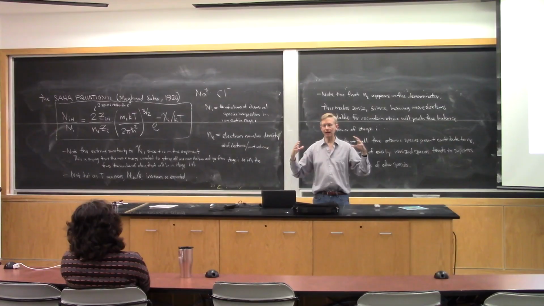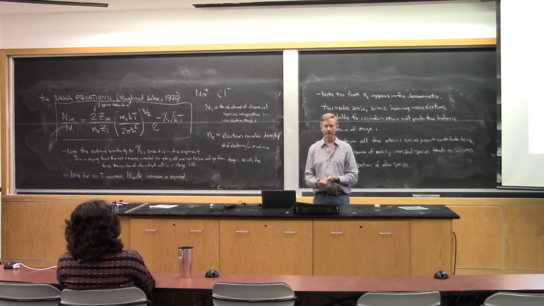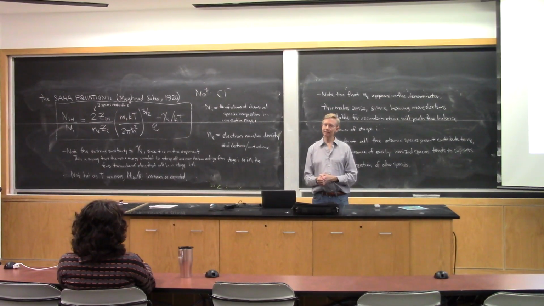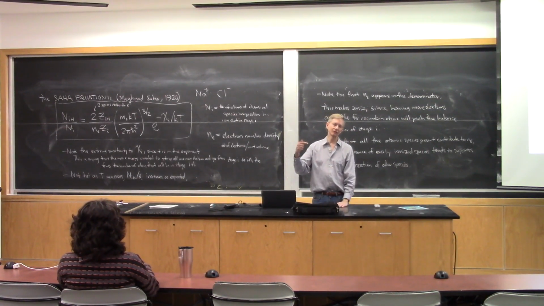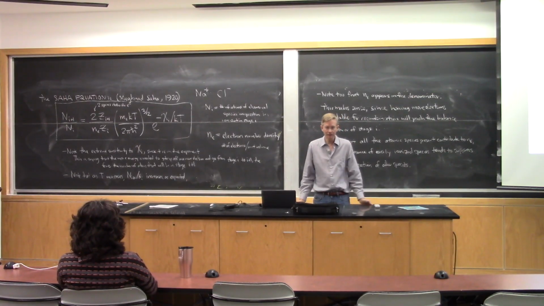A star the same mass as the sun, but that is older, so that the universe hadn't made as much other stuff besides hydrogen and helium, will have less H minus in its atmosphere, which means we'll be able to see deeper into it, and so it effectively will have a smaller radius and higher surface temperature than the sun. And this is the reason why the main sequence in old stars is a little below the main sequence in younger stars like the sun. It's really shifted to higher surface temperatures because of that.